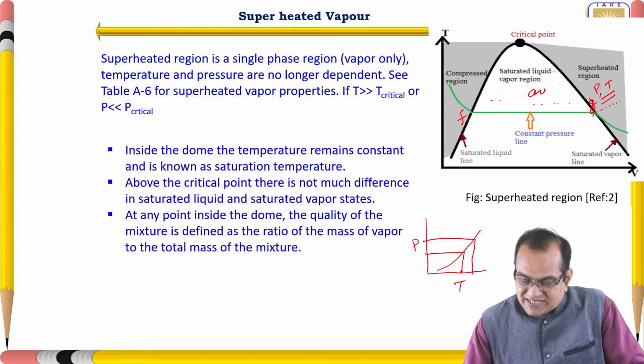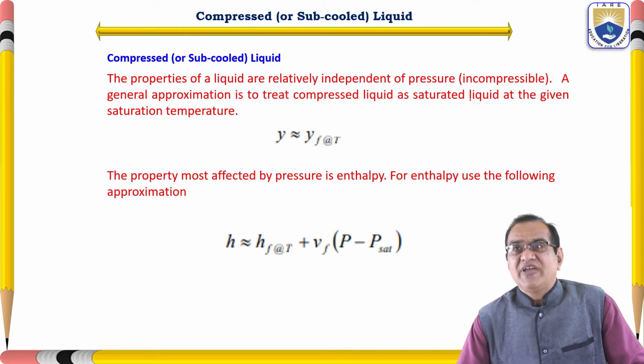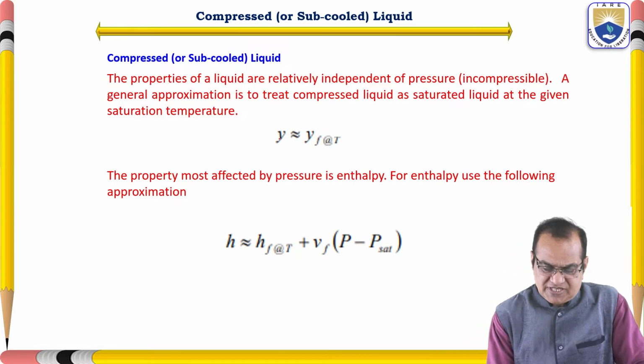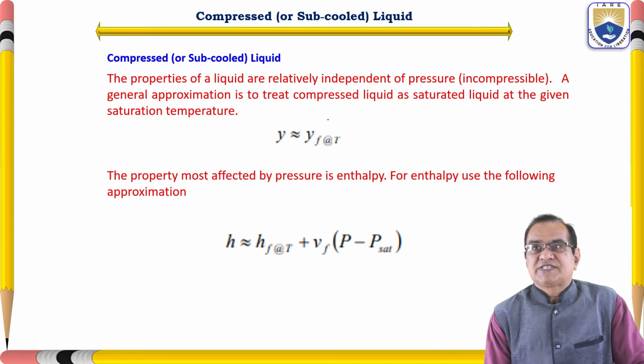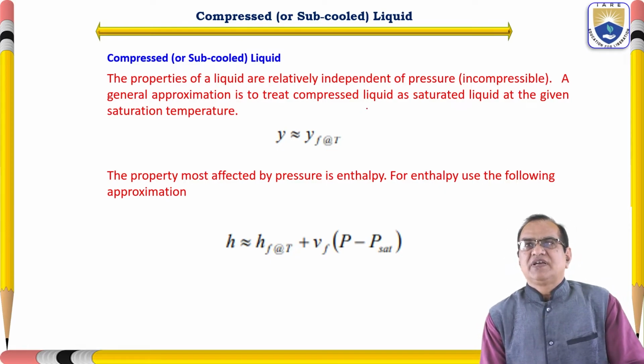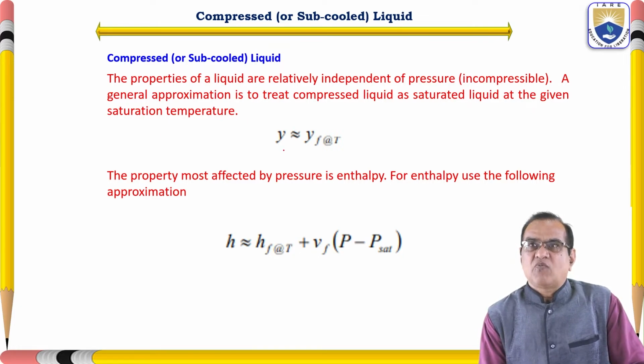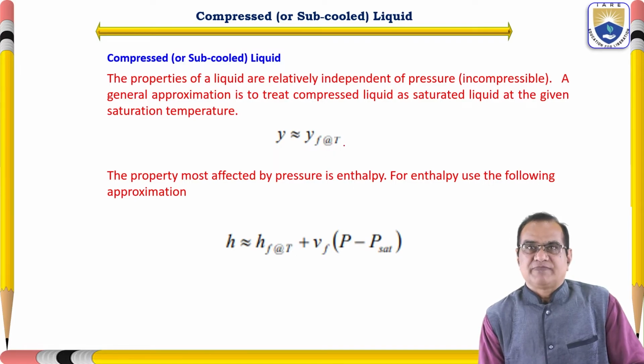Of any property, let it be pressure or temperature or anything, a general approximation is to treat compressed liquid as saturated liquid at the given temperature, or Y is equal to Yf at given temperature.